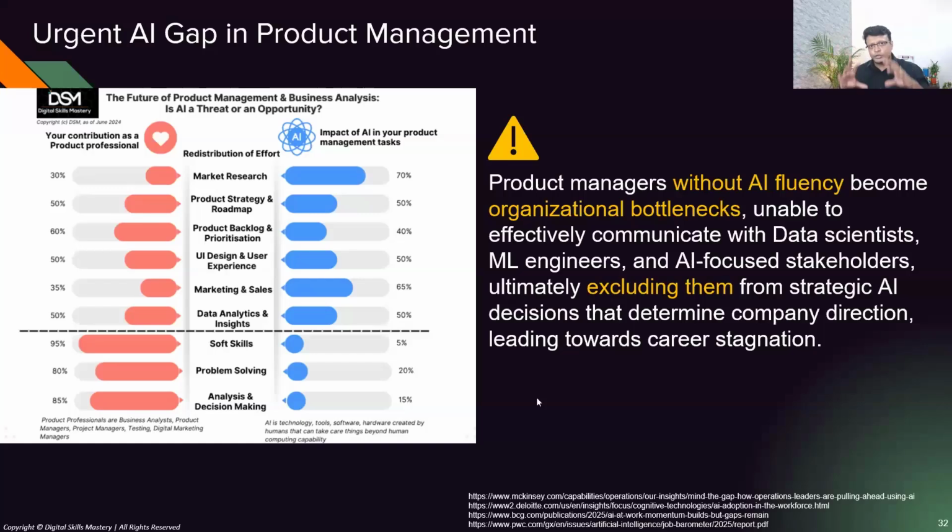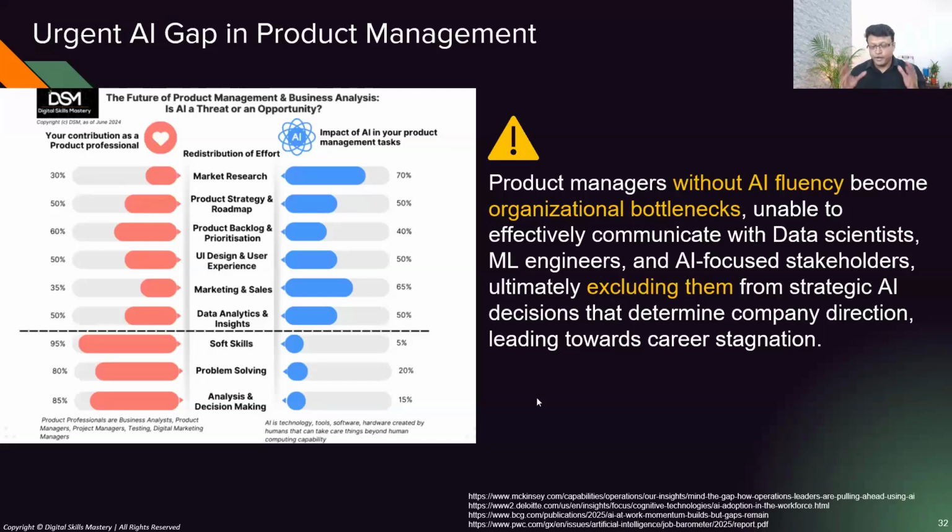Now, if you have learned all of these concepts, you understand how to use the tools, you know prompt engineering, then you will not face the risk of being excluded from all of these AI-based decisions and the direction that the company is taking.